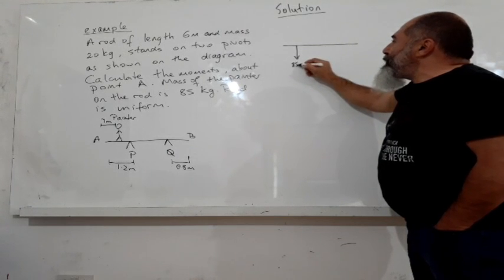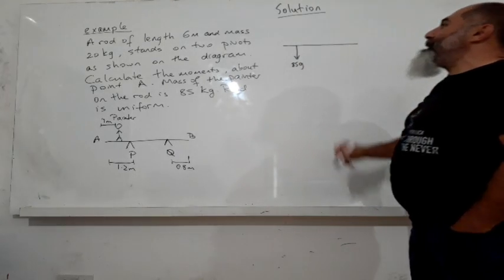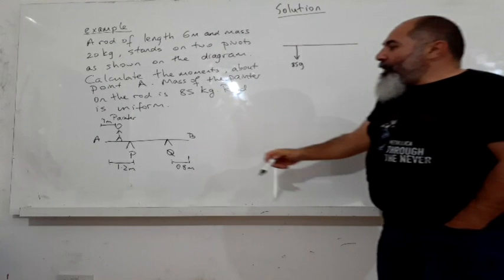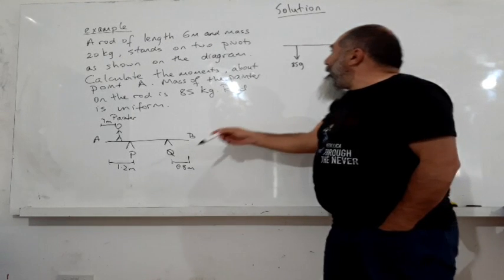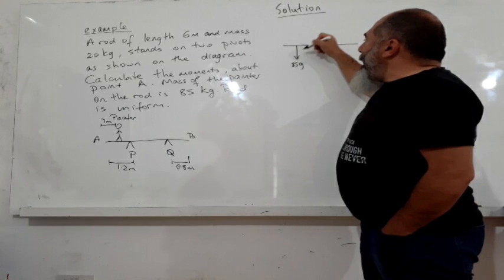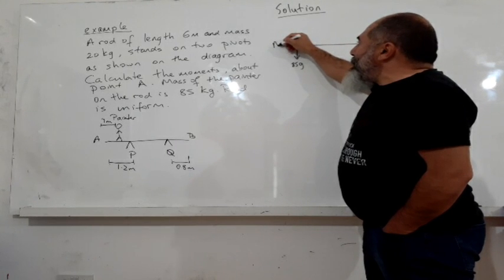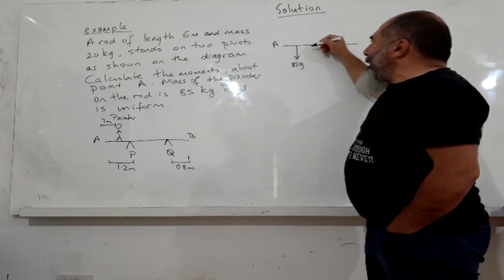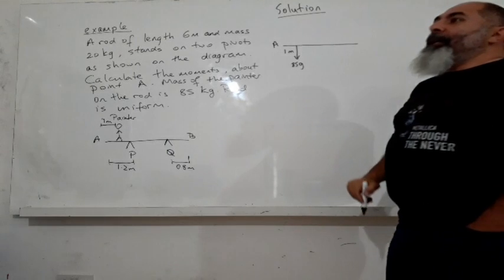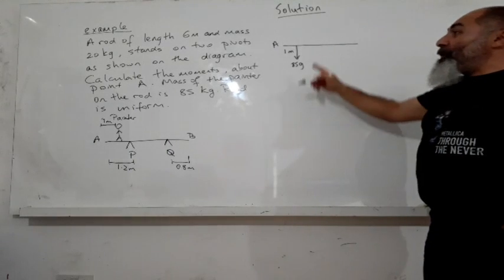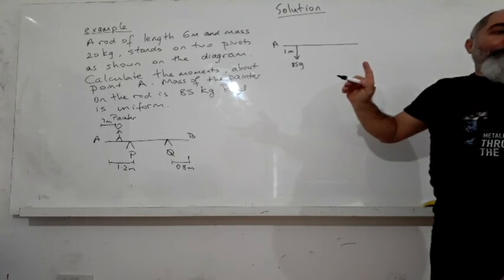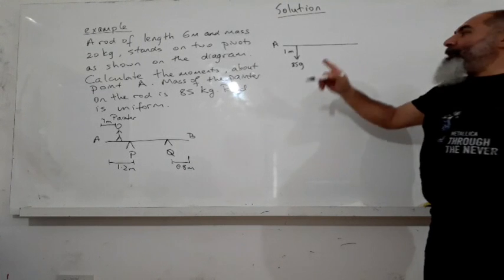And the distance here from point A to the painter is 1 meter. Do not forget to write the distance. It is very important to write the distance. Remember, moment is equal to force times the distance.